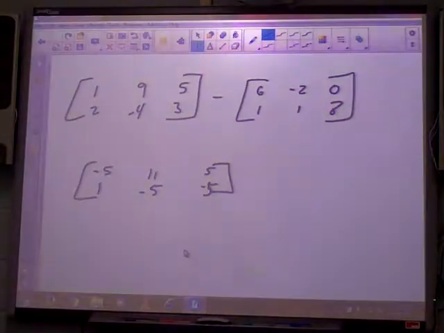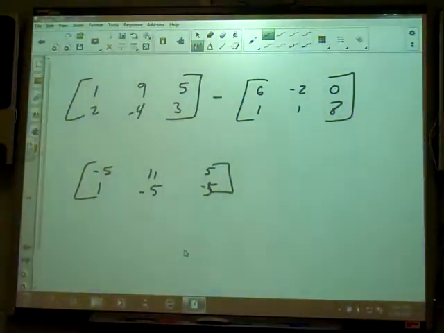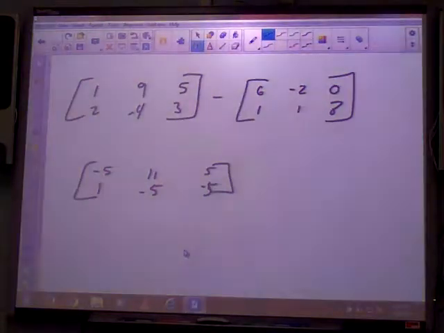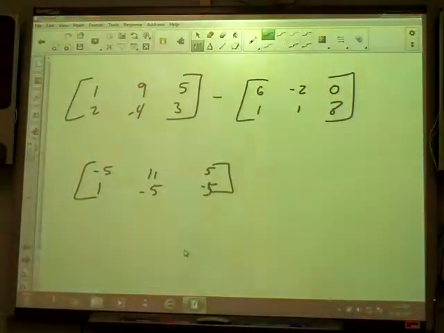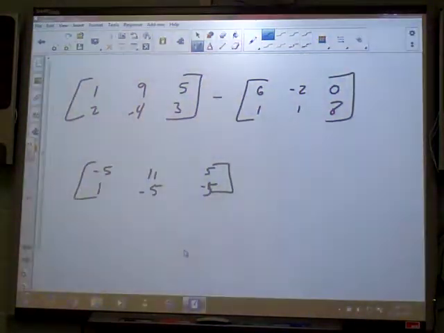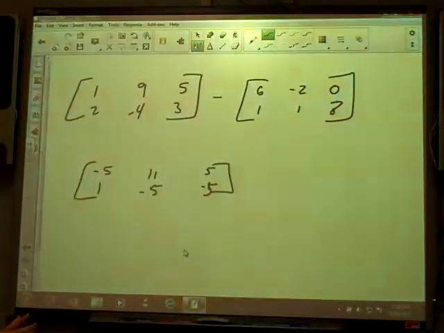Alright. Could you subtract matrices in your calculators? Yes. You could add and subtract them in your calculator. You would do like we did yesterday: hit alpha zoom, change your dimensions, and type your numbers in there. That would work. But something this simple, I think you ought to be able to do that faster than you can type it in the calculator.